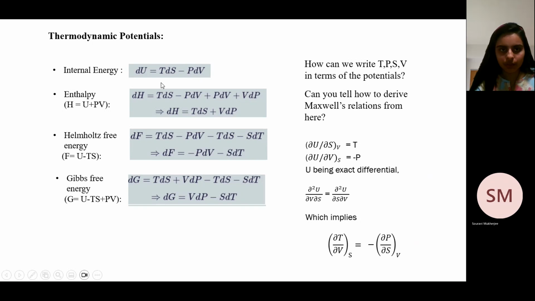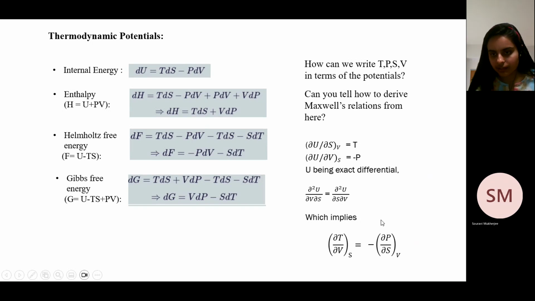These relations come from the differential form of internal energy. Then, considering that U is an exact differential, the order of differentiation does not matter. So you can take a derivative of this term with respect to volume, and similarly a derivative of this term with respect to entropy, and then equate both of them because the order of differentiation does not matter for exact differentials.